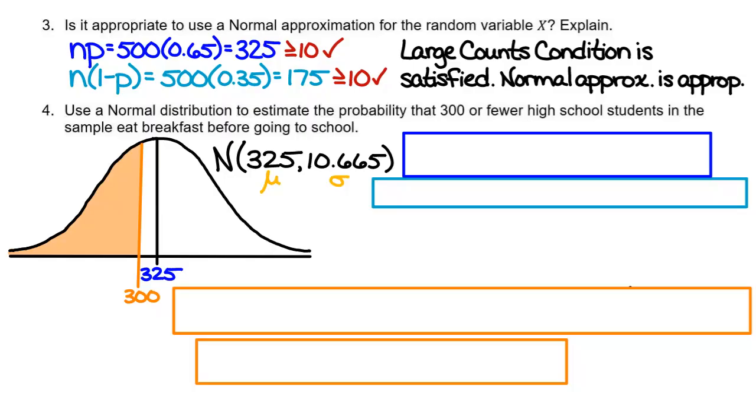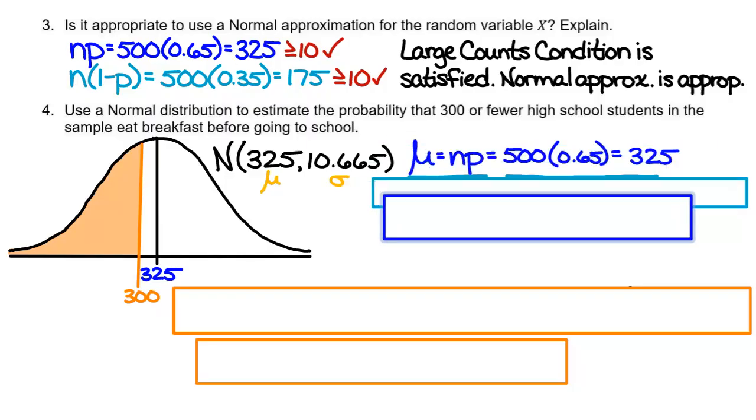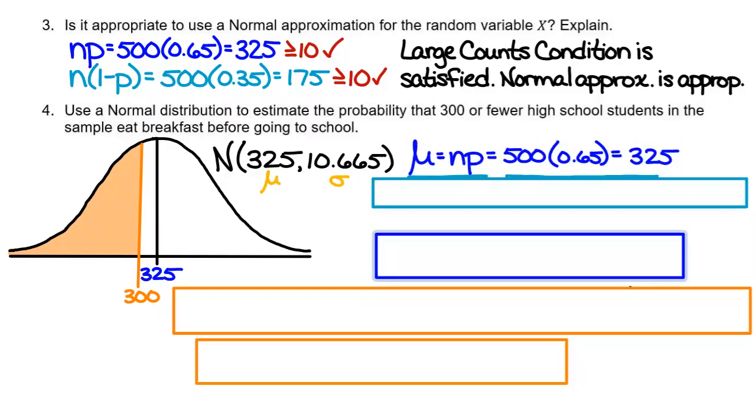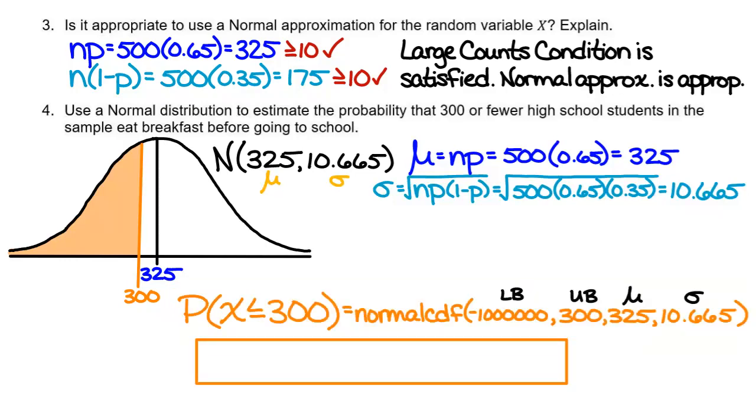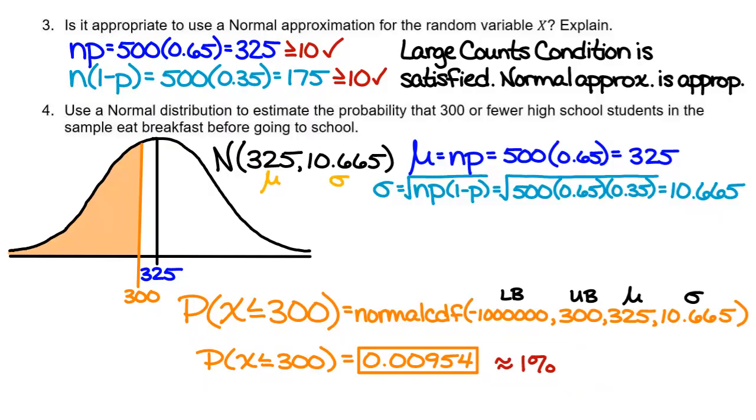If you do 10.67, your answer will be close to mine, but not exactly, and that's okay. So we have our mean of 325 and our standard deviation of 10.665. Then we do normal CDF, lower bound, upper bound, mean, and standard deviation, and we get what? 0.00966954. It's about 1%. Just like when we did our binomial distribution, it's about 1%.